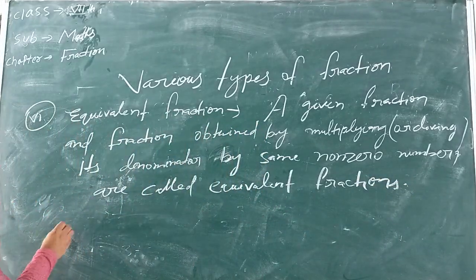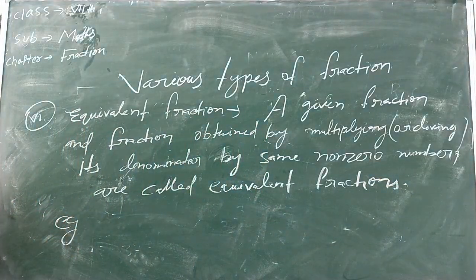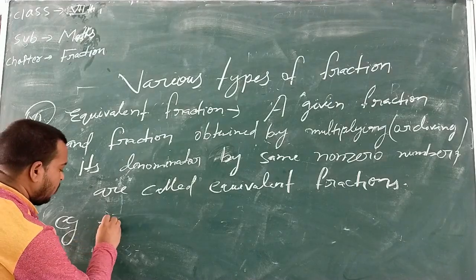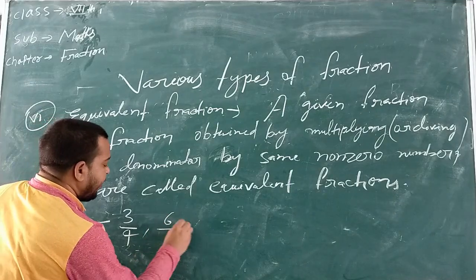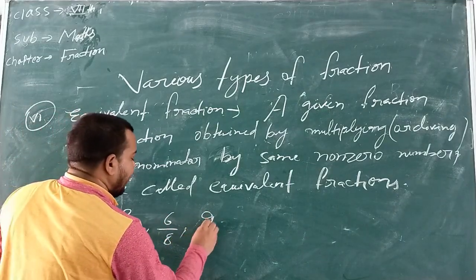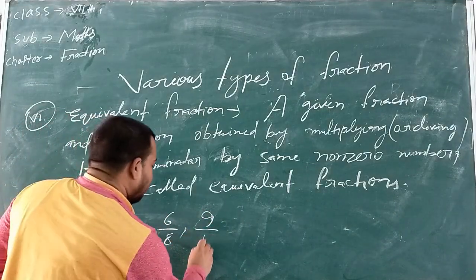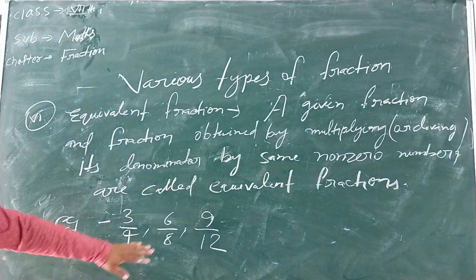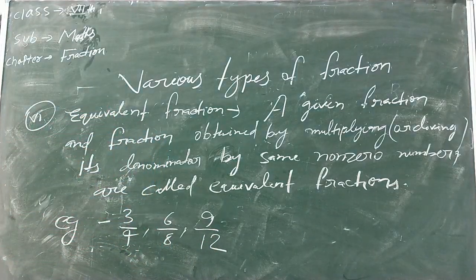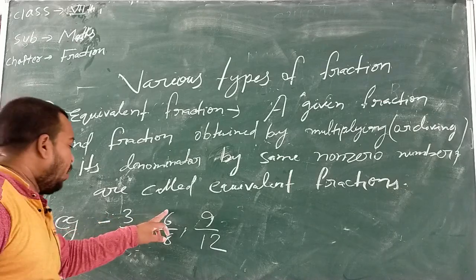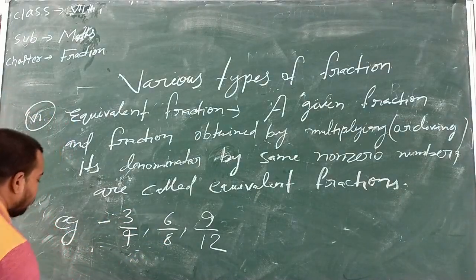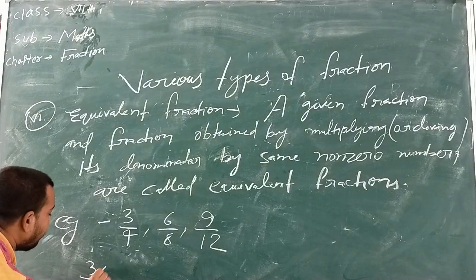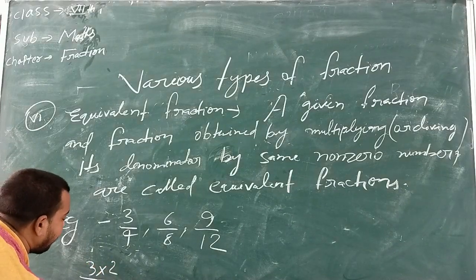For example, 3 by 4, 6 by 8, 9 by 12. These all three are equivalent fractions because we can obtain 6 by 8 if we multiply 3 by 4, its numerator and denominator, by 2.